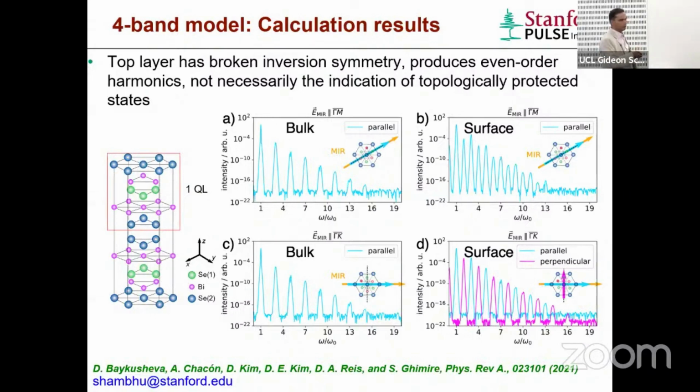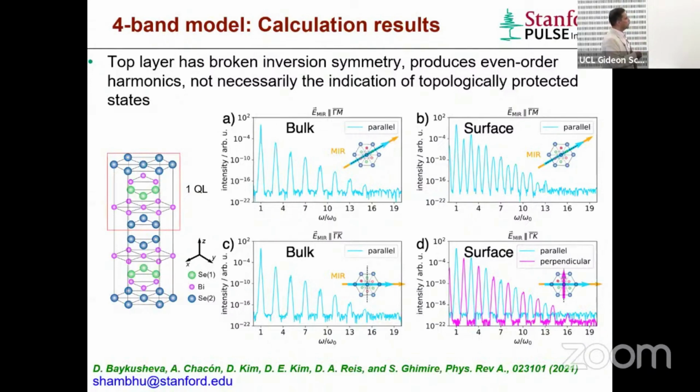So the bulk, very similar to MoS2, recovers the inversion symmetry. So the emission from the bulk has only odd order harmonics, but emission from the surface has both even and odd order harmonics.